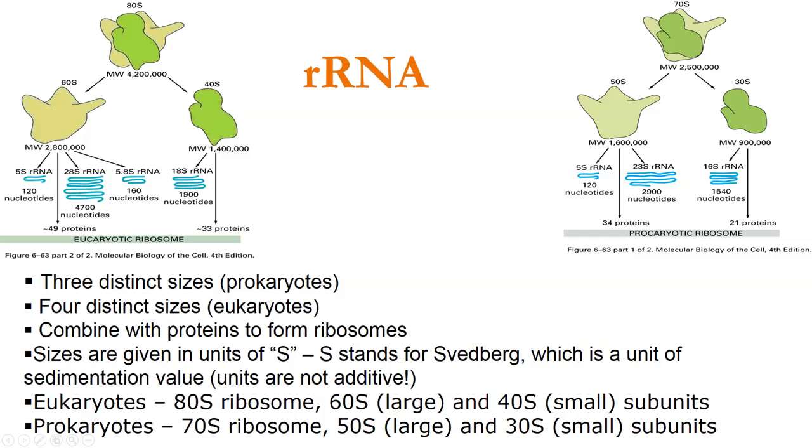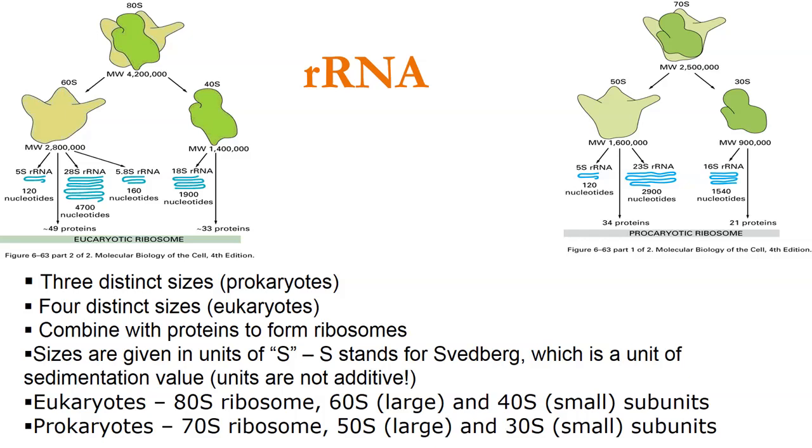They're giving you the size of the ribosomal RNA. At this point, I'm not going to ask you to remember the size of the ribosomal RNAs themselves, although I do want you to learn the size of the ribosomal subunits. There's a reason for that, because as you go through med school, you're going to start talking about antibiotics. They're going to talk about ribosomal subunits.